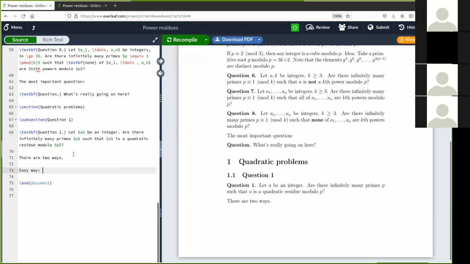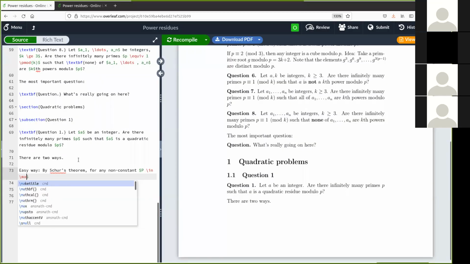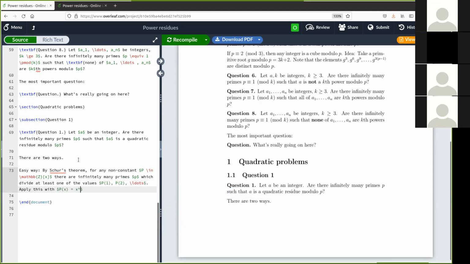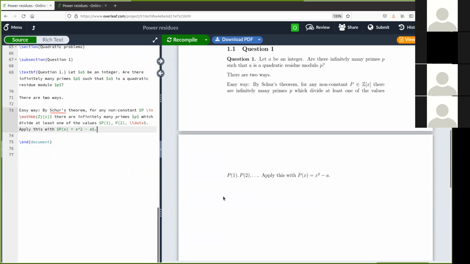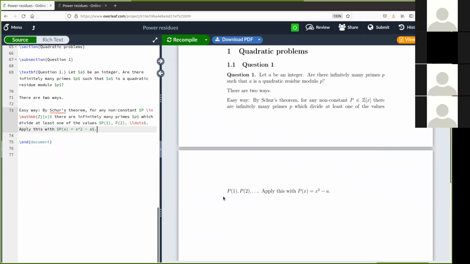The easy way is as follows. We just apply Hensel's theorem to the polynomial x squared minus a. But there is the hard way.